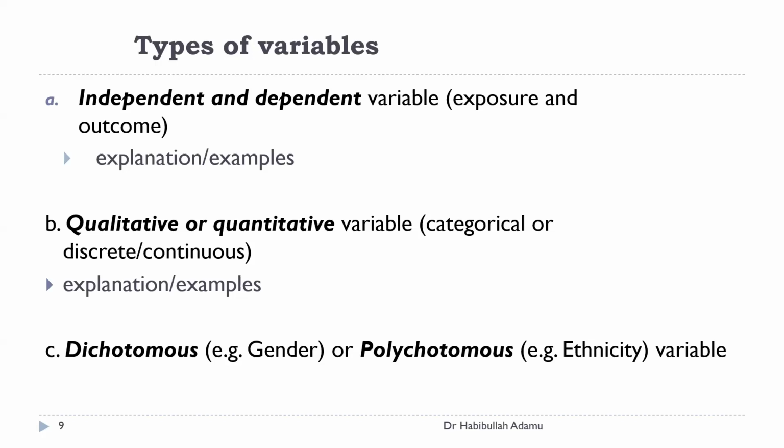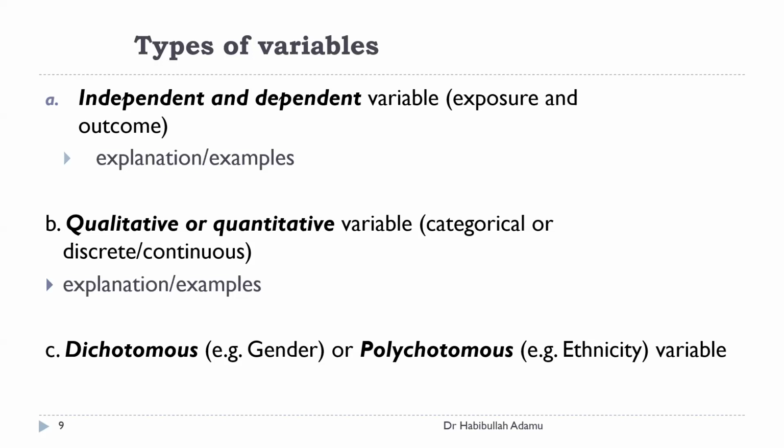You need to know which one is dependent and which one is independent, because the dependent goes to the column. If you are doing analysis and you are selecting your variables, there is a place you need to place your dependent and a place you need to place your independent variables. So that makes it mandatory to understand which one is the dependent variable and which one is independent.